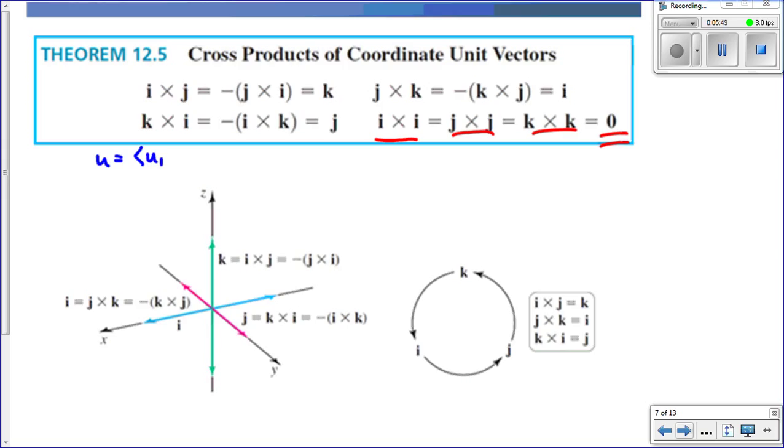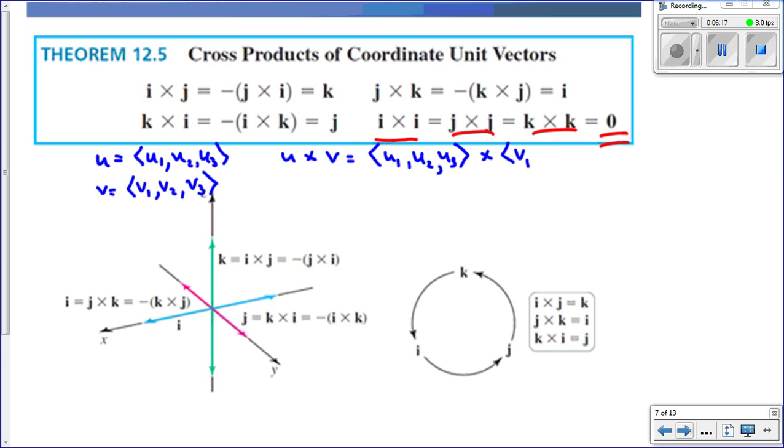U is u1, u2, u3. V is v1, v2, v3. So u cross v will just be the cross product of u1, u2, u3 crossed with v1, v2, v3.